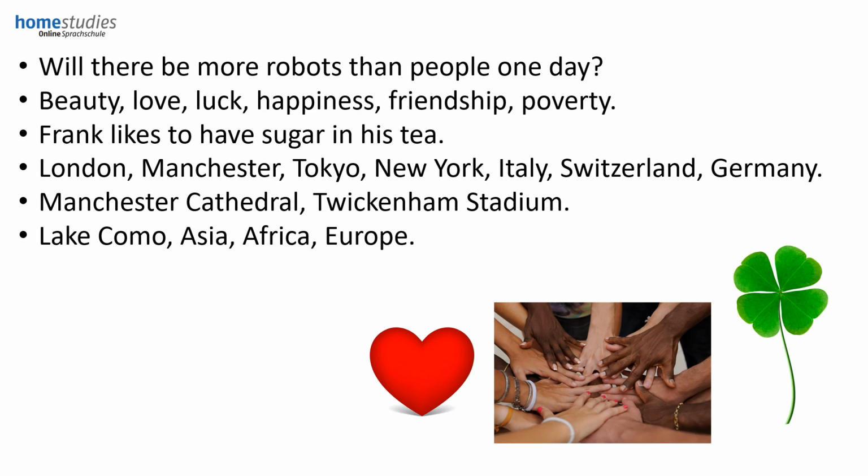Or we have London, Manchester, Tokyo, New York, Italy, Switzerland and Germany. Cities and countries. Or we have Manchester Cathedral, Twickenham Stadium. Places with the name of the town or city in them. And also some places like Lake Como, Asia, Africa and Europe. We don't need an article there.